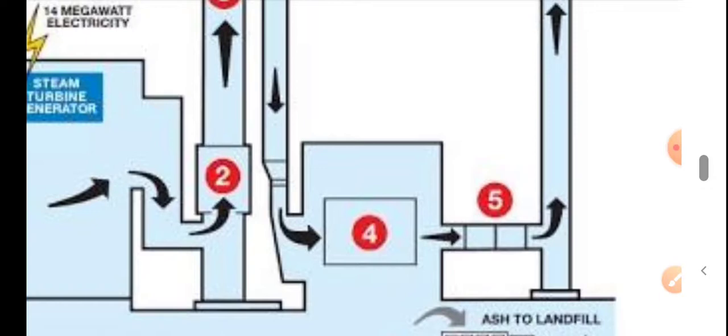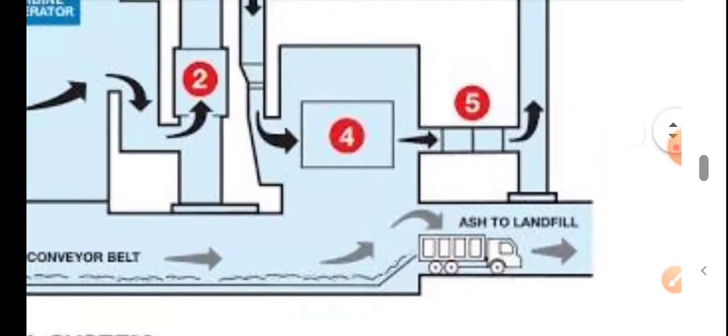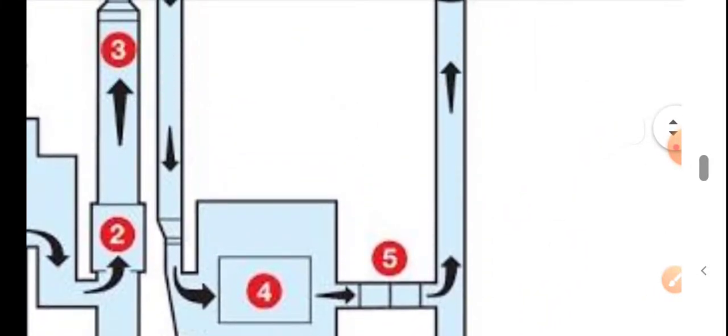The removal may be done by many methods; many technologies can be used. Electrostatic precipitators may also be used here in system 4. And after that, a pollution control testing system is there, which checks whether the flue gases which will go into the atmosphere through the chimney are polluted or environment friendly.